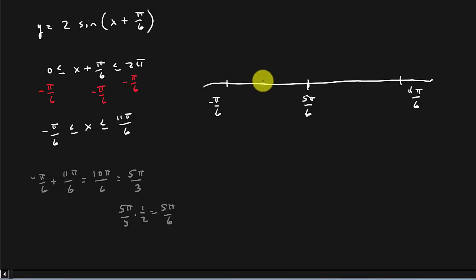And so then the midpoint here, I believe, is going to be pi over 3. Pi over 3, because this would be 4 pi over 6, which is 2 pi over 3 times a half. 2 pi over 3 times a half is just pi over 3. And then this one, I believe, is going to be 4 pi over 3.